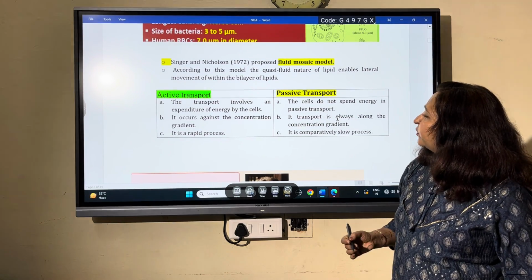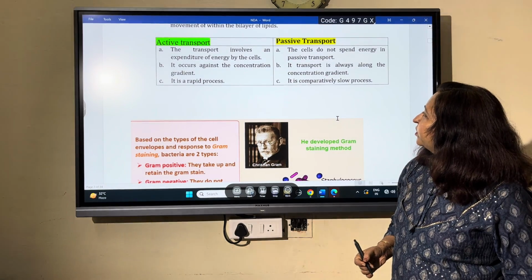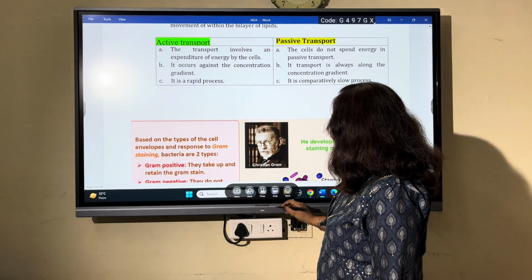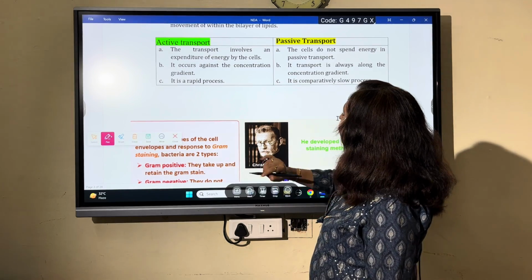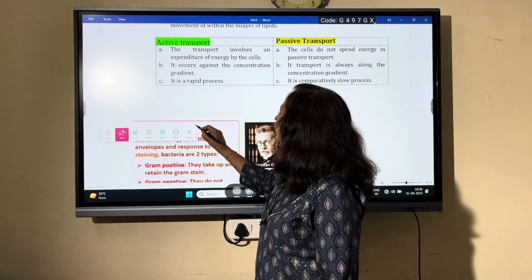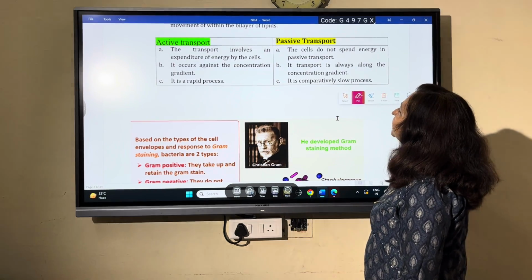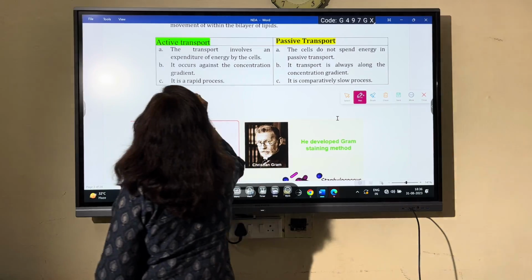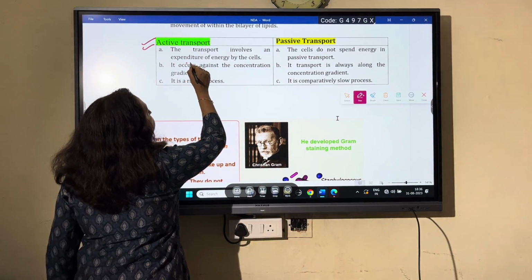Now there are two types of transport. One is active transport and one is passive transport. You should know the difference between active transport and passive transport. The main difference is that active transport involves expenditure of energy.